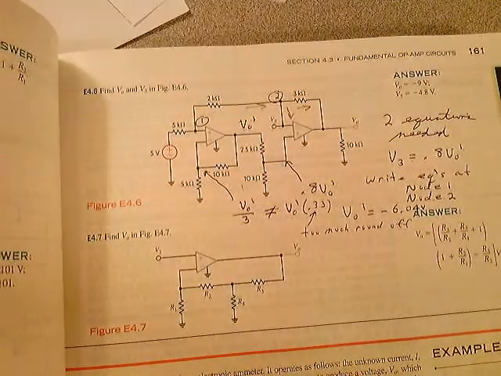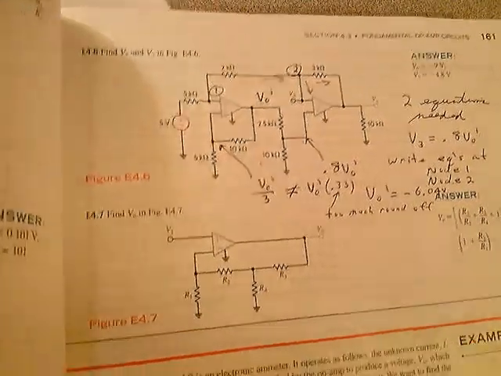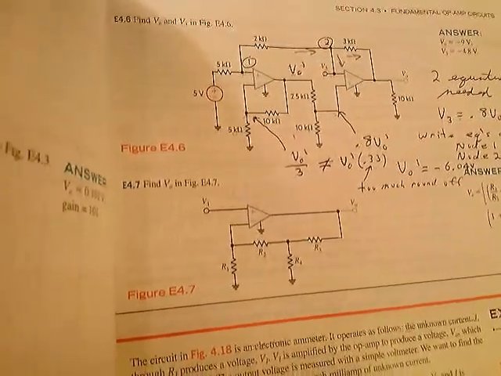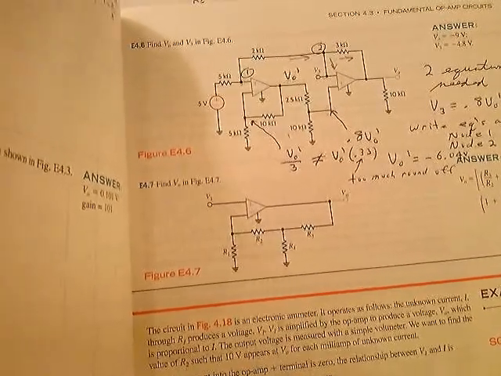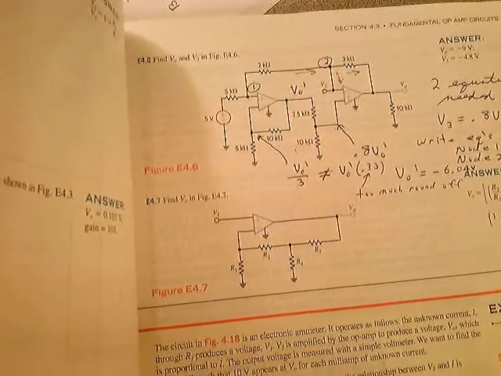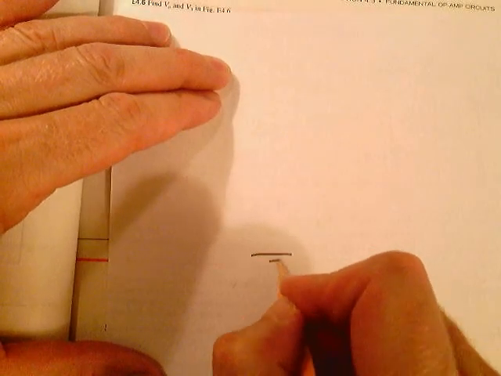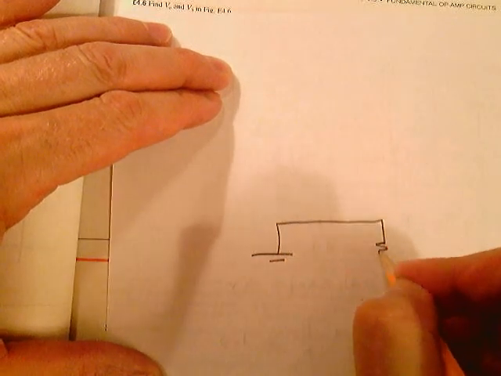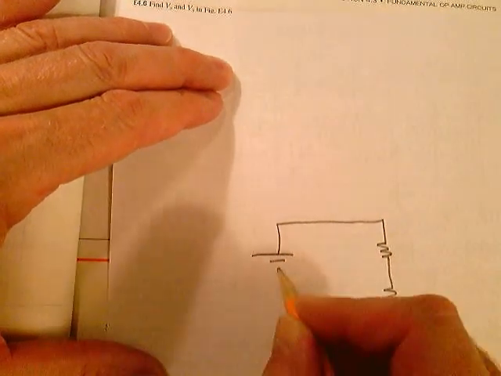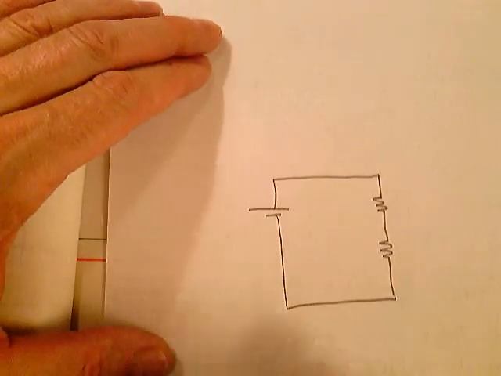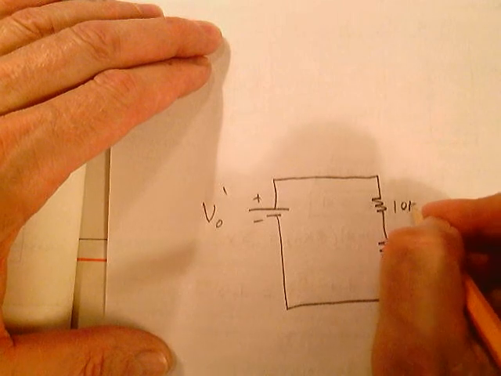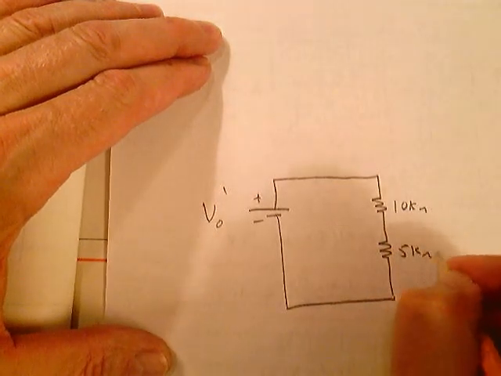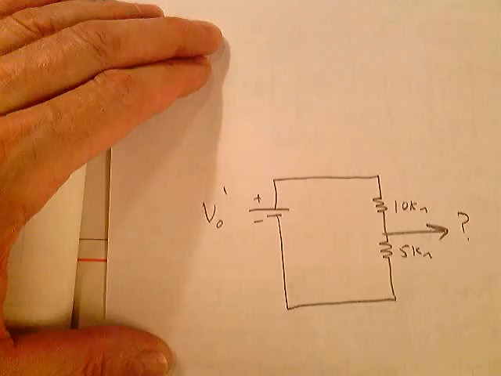Let's see if I have it here somewhere that I could show you. If you just simply had a circuit that looked like this, where this here is V out prime, and this is 10K ohms, this is 5K ohms, and there's that voltage we need to know.